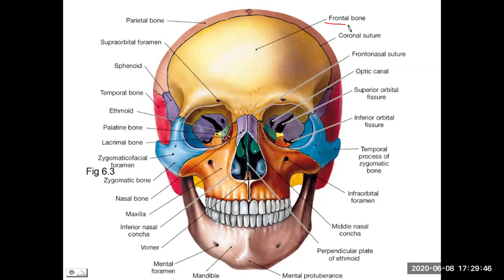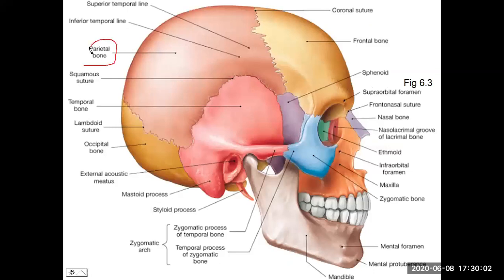So beginning here with the frontal bone, the area of the frons, the forehead. The next bone, the paired parietal bones, right at the superior aspect of the cranium. At the posterior portion, there's the occipital bone, the posterior portion of the cranium.